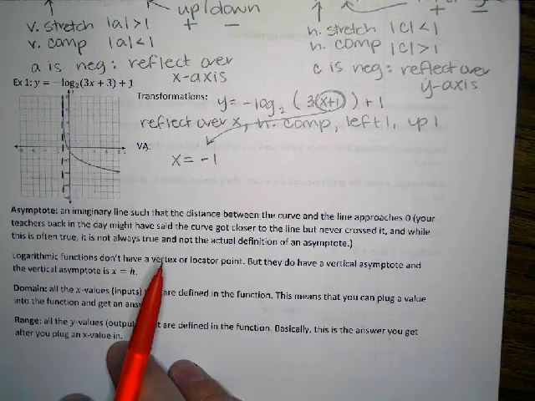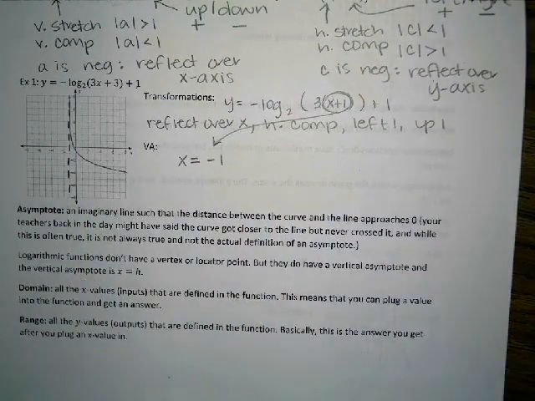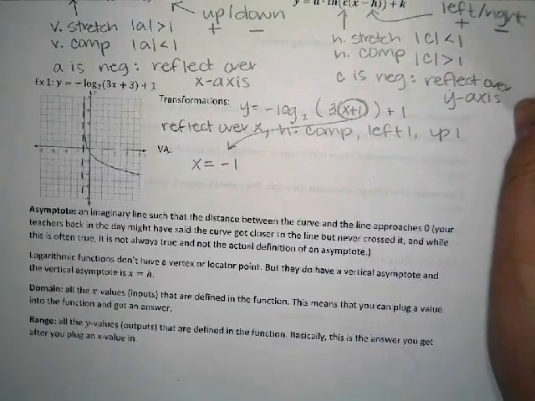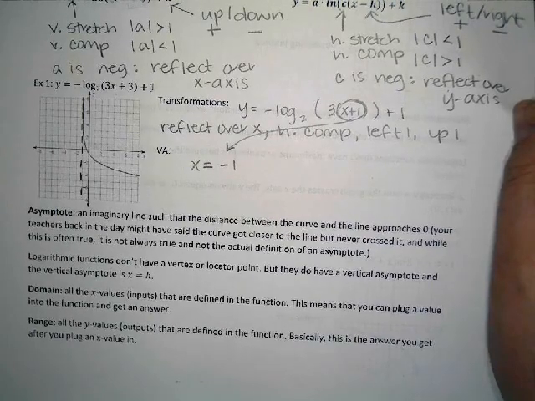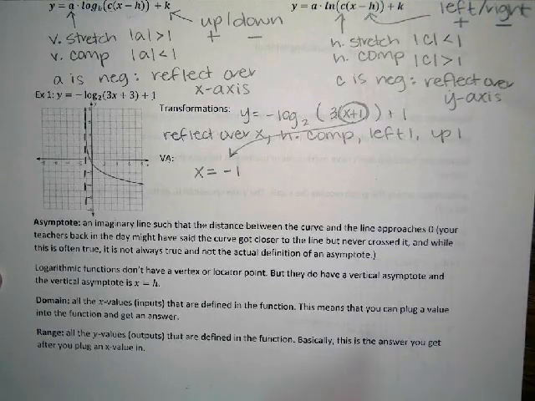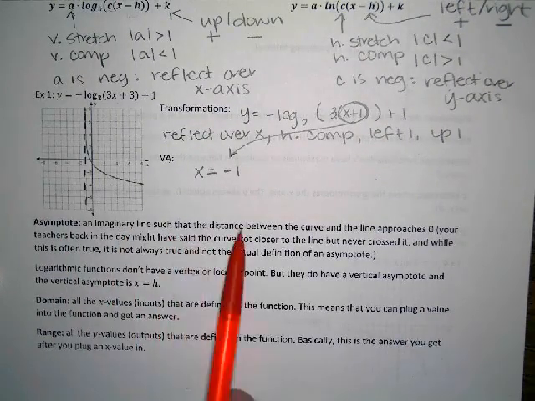More complicated graphs do cross asymptotes. These asymptotes will not be crossed. So the definition that you might have learned by teachers back in the day, where you learned that an asymptote is an imaginary line that cannot be crossed, that is still true for this particular unit. But the actual definition of an asymptote is that it's an imaginary line where the distance between the curve and the line is getting closer to 0.